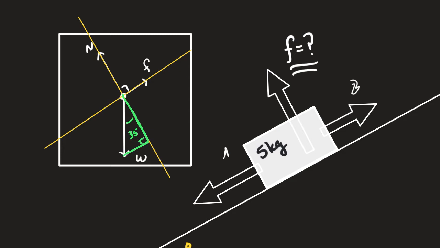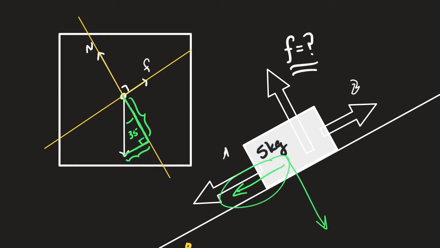That's your right triangle. And moreover, this side here is how much of the force is going down the ramp, and this side here is how much of that force is going into the ramp.